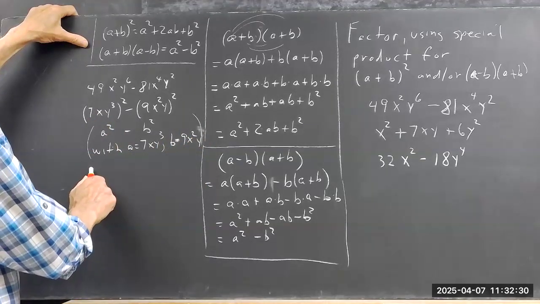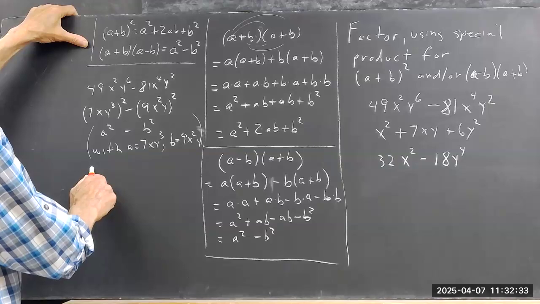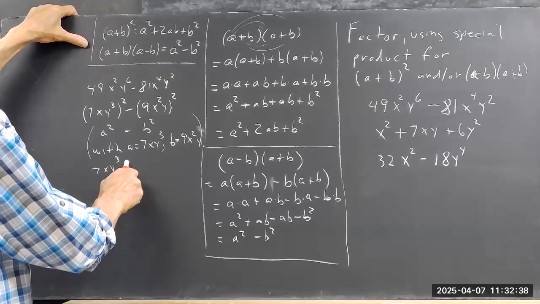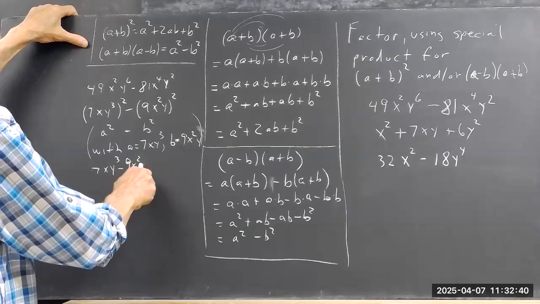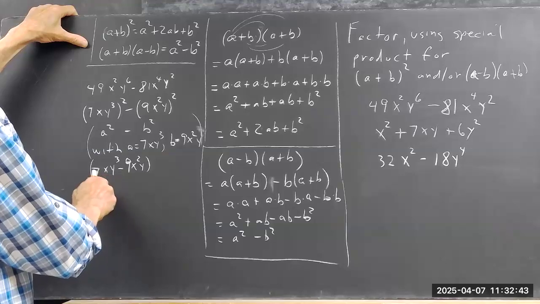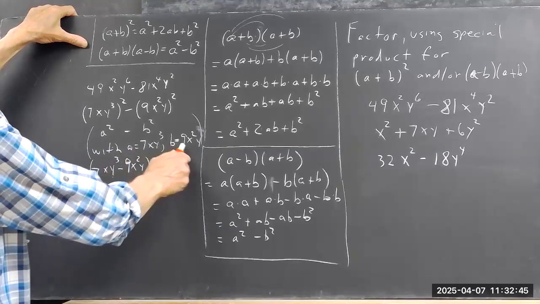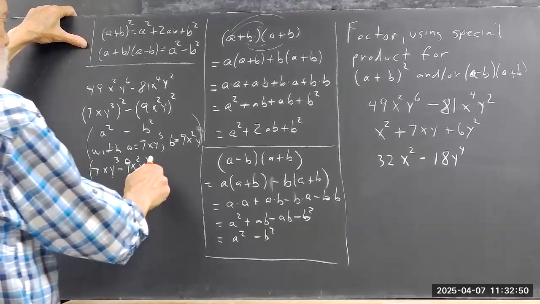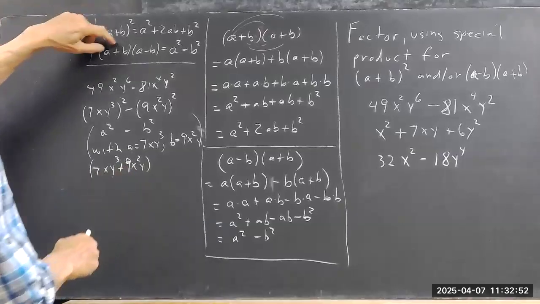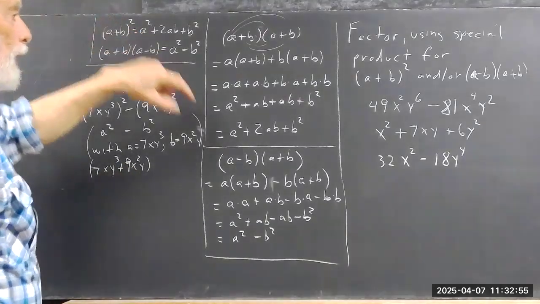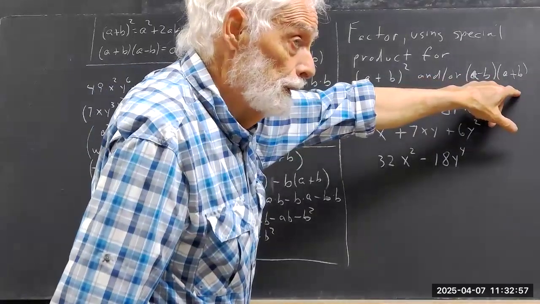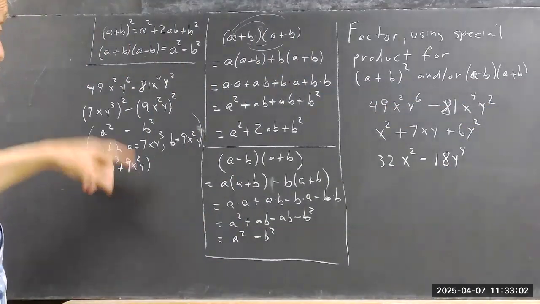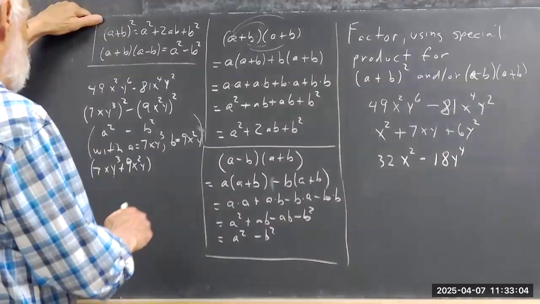So that gives you a plus b times a minus b. I wrote it a plus b times a minus b here. I wrote it a minus b times a plus b here. Doesn't matter which way you write it out, just be sure you know which way you're writing it out.